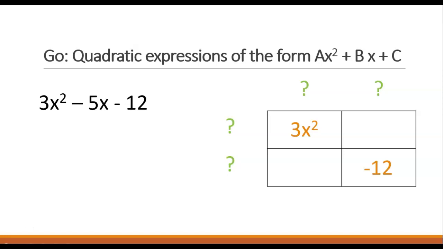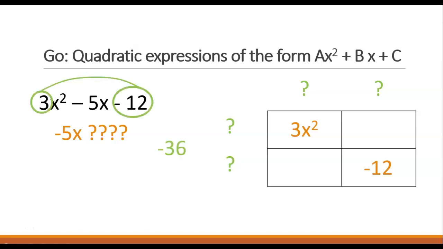We only have one linear term, but two spaces where there would have been a linear term. To find what the terms were before they were simplified, we need to consider some patterns. What are two numbers that you could multiply to give us a times c and add to give us b?